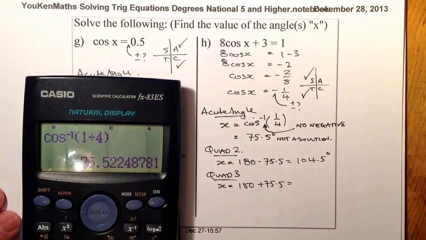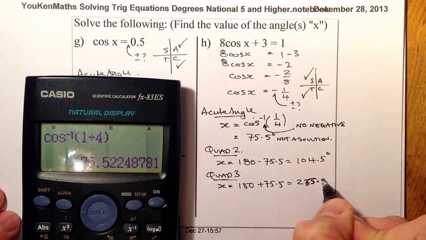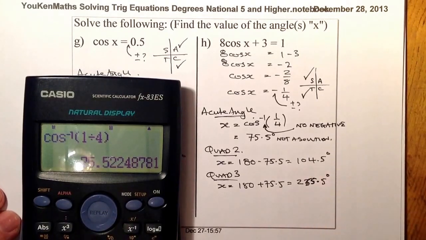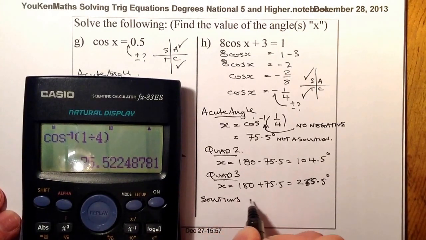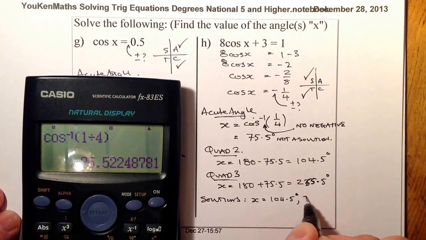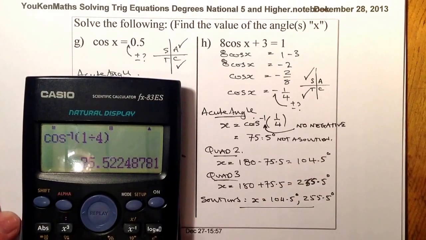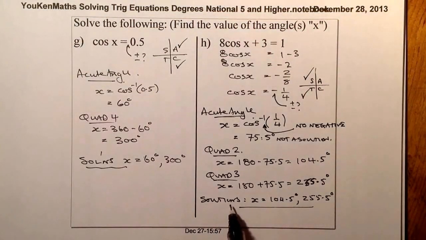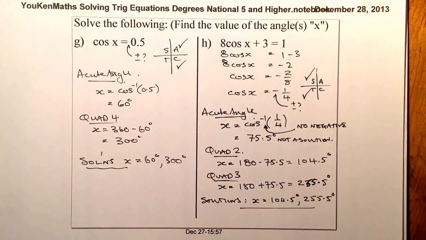And what we get is 104.5, and then we've got 255.5 for that one there. Okay, so my solutions: x is equal to, and it's only going to be 104.5 and 255.5 degrees, not the acute angle that's here. And I'm just writing out the solutions so that it's clear what I'm seeing as the solutions and not including all of the working that I've done there.